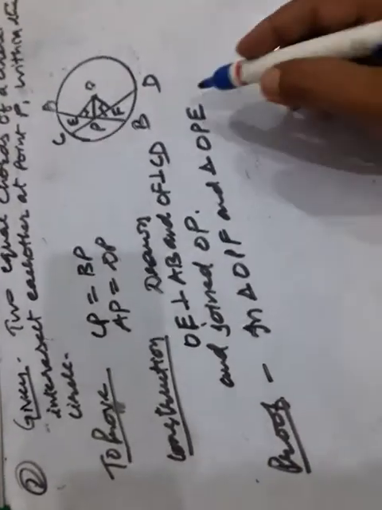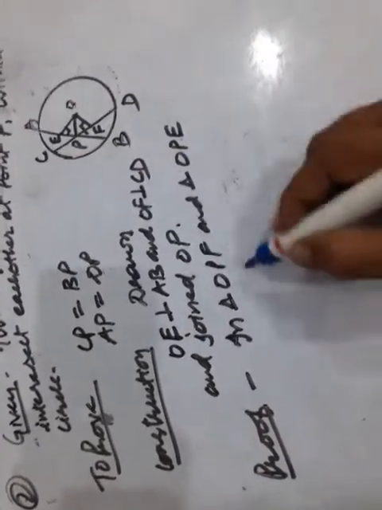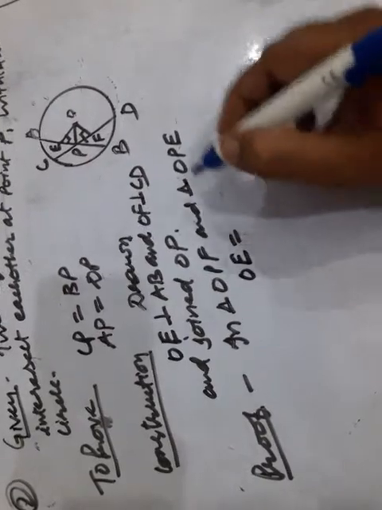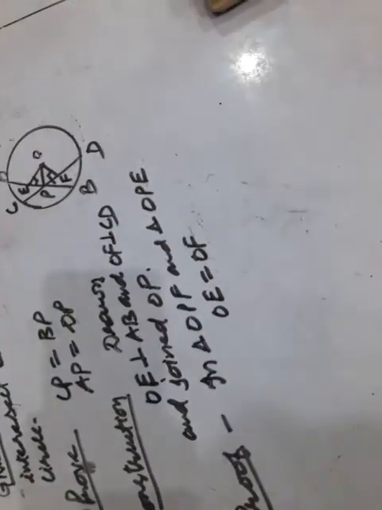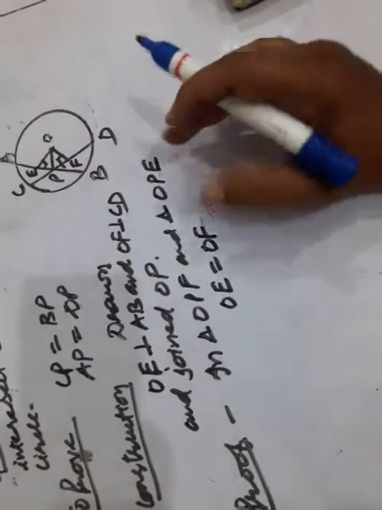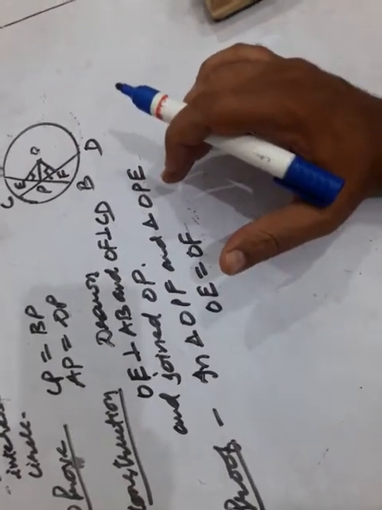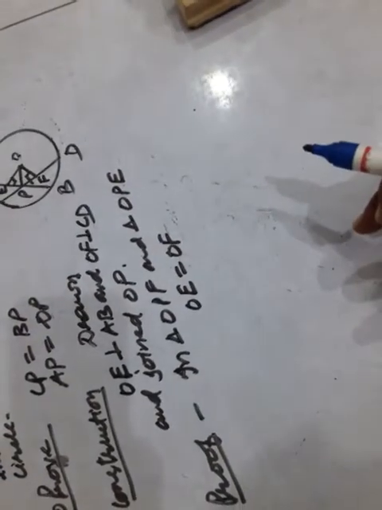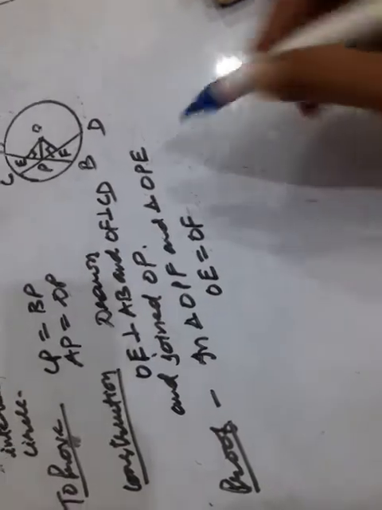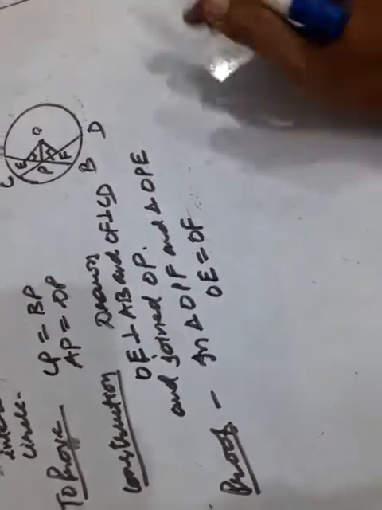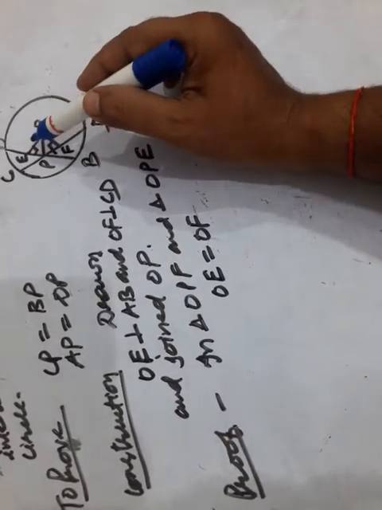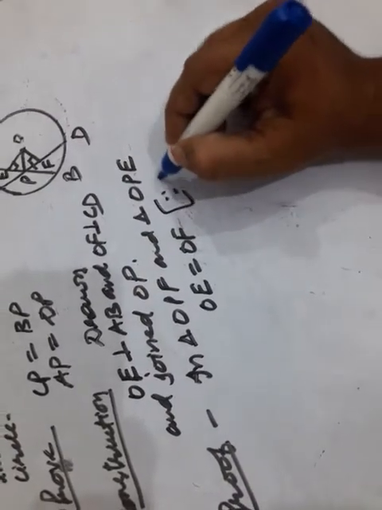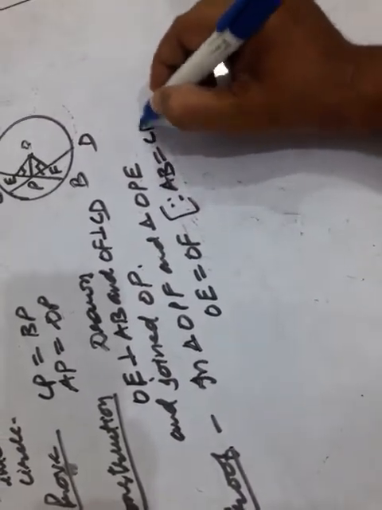OE equal to OF. Why is OE equal to OF? We have studied a theorem that equal chords are equidistant from the center. Since AB and CD are both equal chords, their perpendicular distances from the center are also equal. So OE equal to OF, since AB equal to CD.